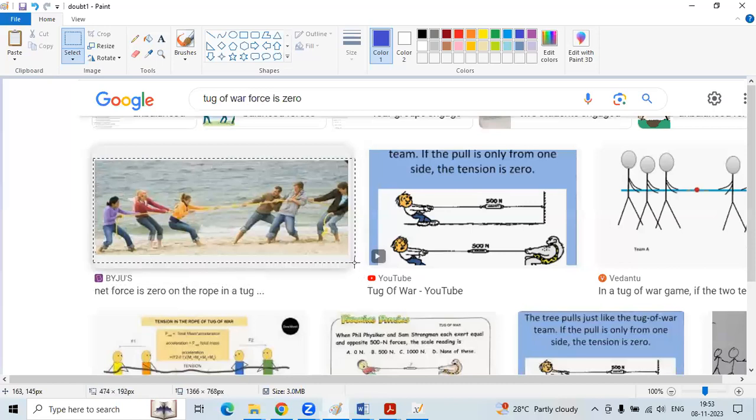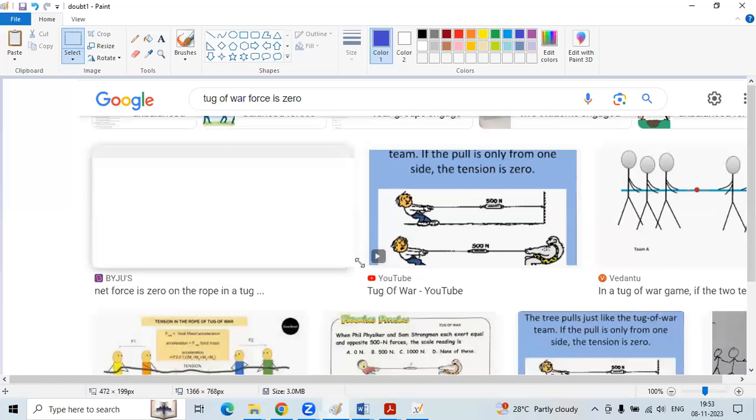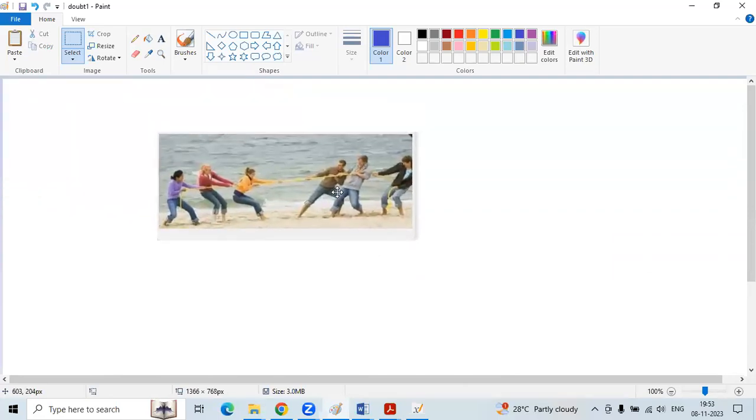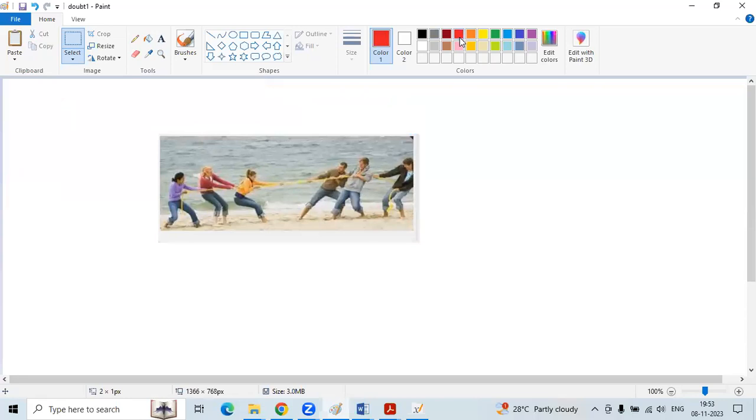The same thing is pulled by two groups. This is what tug of war is. Now what I am saying is, where is our rocket? In the middle, here. This is our rocket. This rocket is under the influence of both Earth and Moon.